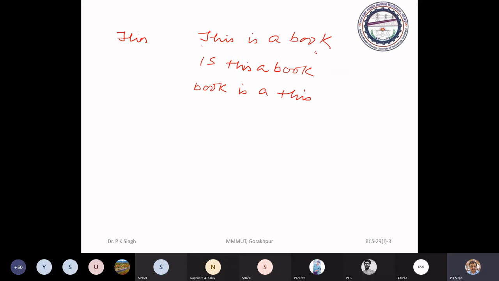You just see we are considering these four words in different sequences. These four words are written in three different sequences: This is a book. Is this a book? Book is a this. If you go through the first sequence, you will infer some meaning. If you go through the second sequence, you will again infer some meaning, but it is not the same. But if you go through the third sequence, you are not able to infer any meaning. Why is it so? It is because of the grammar of the language.